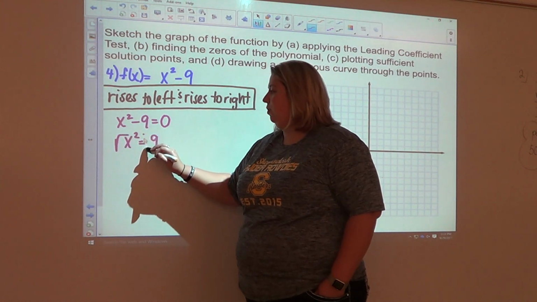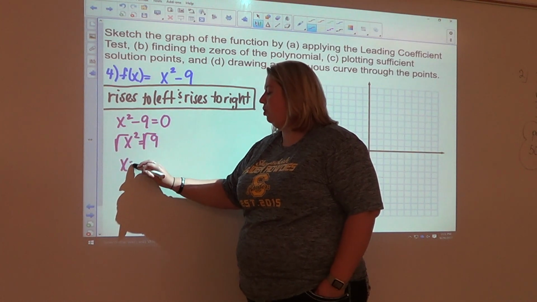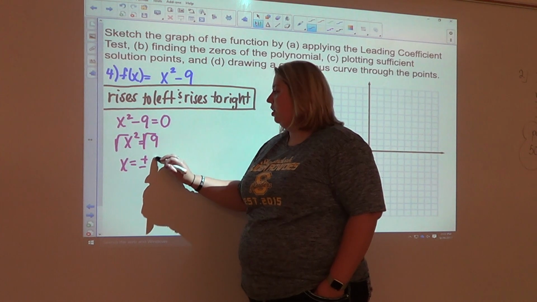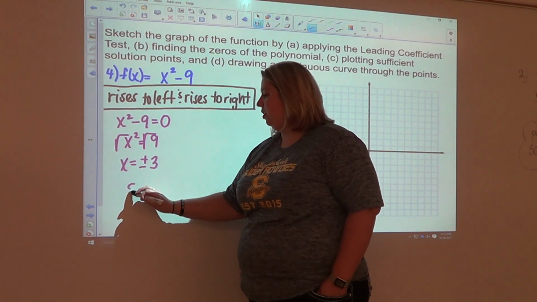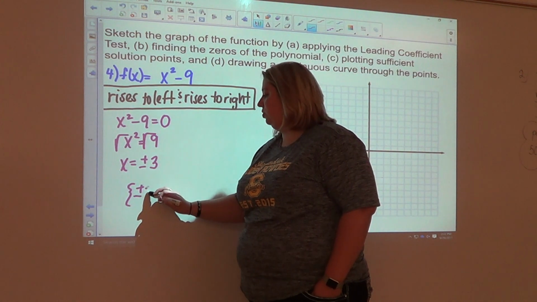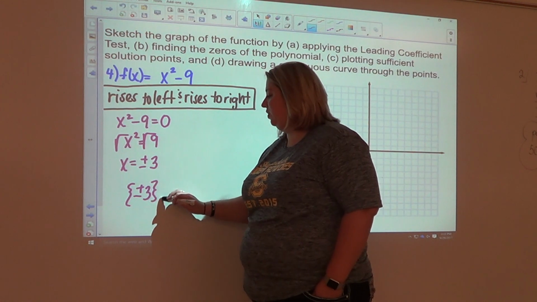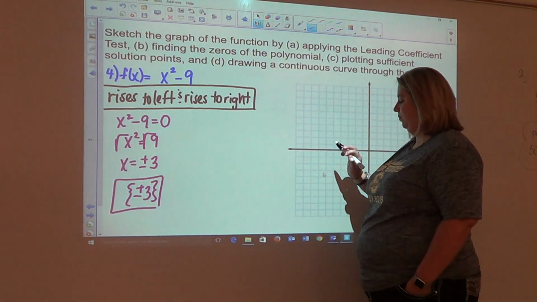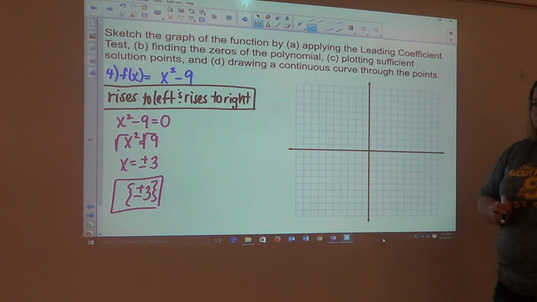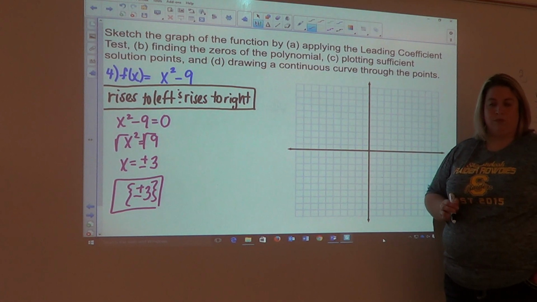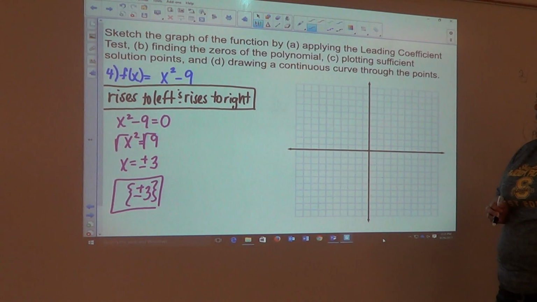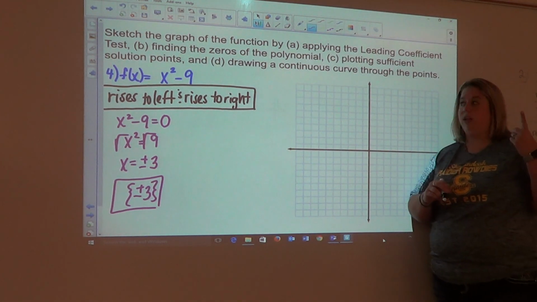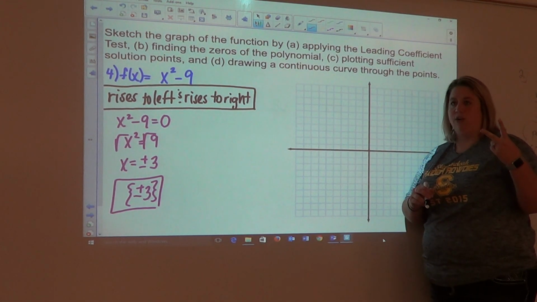Then when I do the square root, don't forget you need to have plus or minus. The square root of 9 is 3. So my zeros are positive and negative 3.